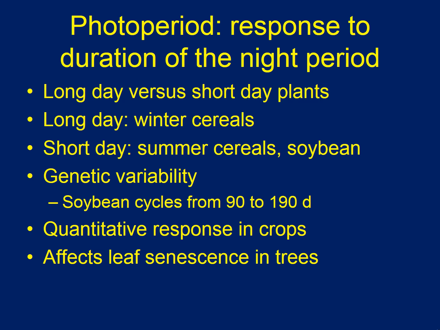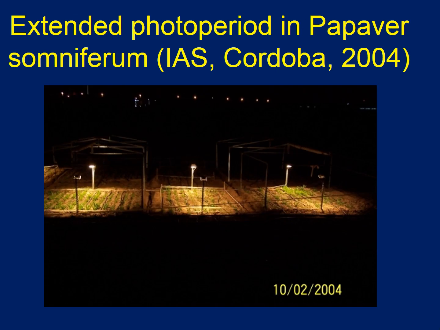Photoperiod also affects the leaf senescence in trees. Here we have an example of an experiment where the photoperiod was manipulated for Papaver somniferum here in Cordoba. We see plots with crops that had an extended photoperiod using artificial light.